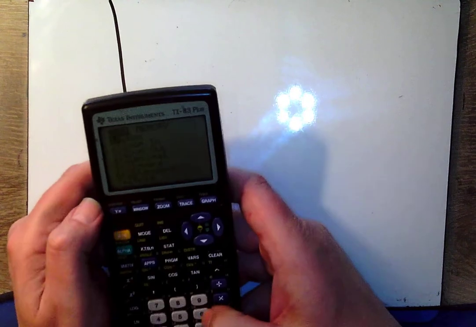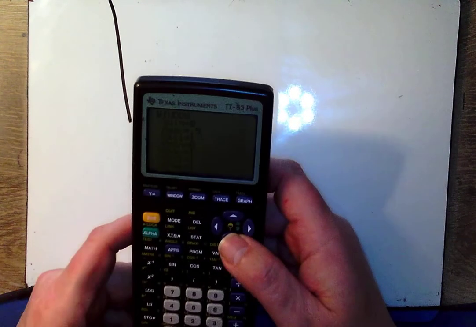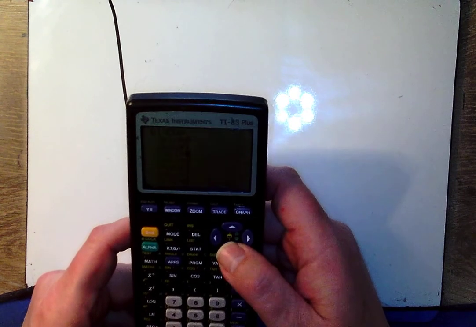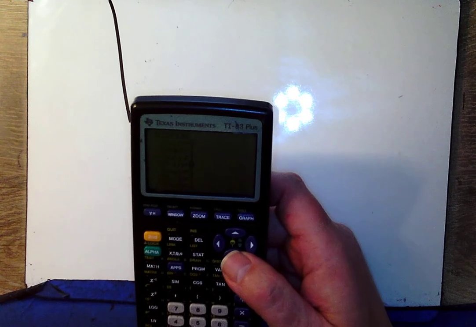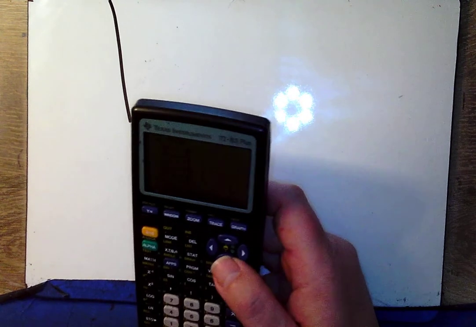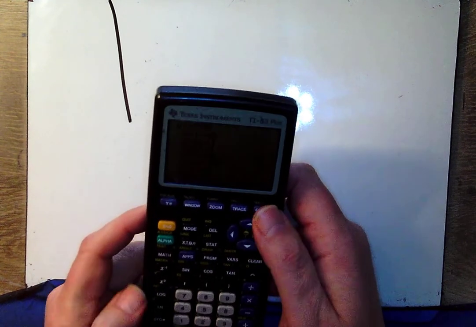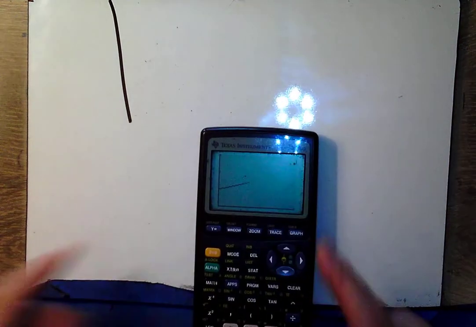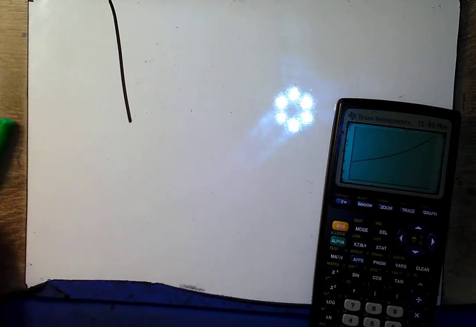And I just want to see what that looks like on 0 to 1. Okay, 0 to 1. And the y values. If I plug in a 0, I get 1. If I plug in a 1, I get 3. So I'm going from 0 to 3. And graph. Okay. So I'm looking at this kind of thing.